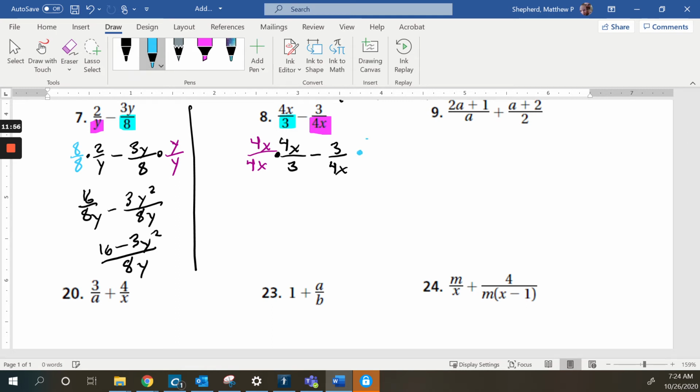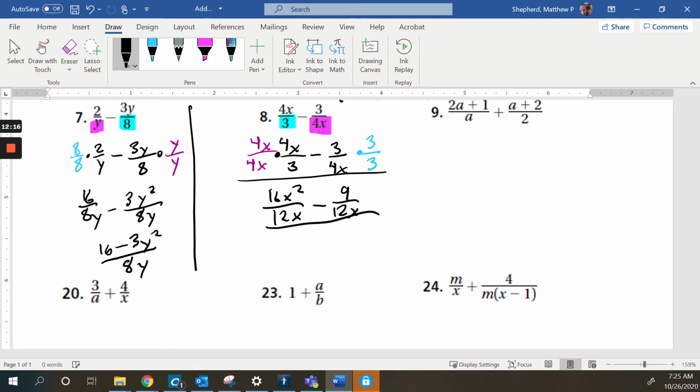That is going to be multiplied by a 3 over a 3. So then we'll get 16x squared all over 12x minus 9 over 12x all over, so that'll be 16x squared minus 9 all over 12x.